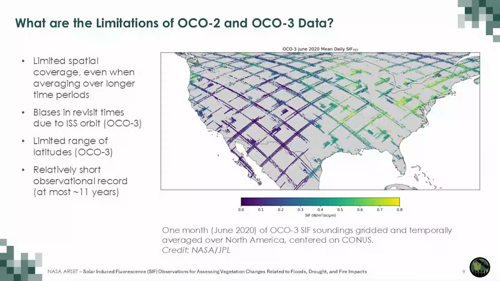Let's turn back now to the OCO3 gridded raster plot that we made in the first notebook exercise. When you look at this plot, you can tell that for June 2020, and in general for any given month, there's relatively limited spatial coverage. Although the ISS orbits every 90 or so minutes, the low swath width of the instrument means that there's going to be gaps in coverage for some months.